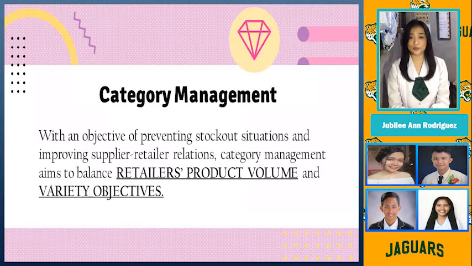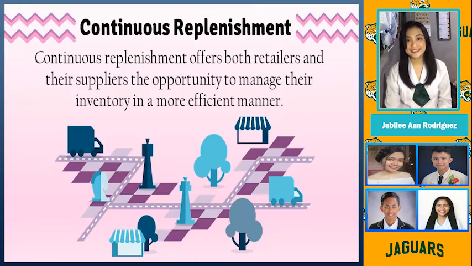With an objective of preventing stockout situations and improving supplier-retailer relations, category management aims to balance retailers' product, volume, and variety objectives. By focusing on category management and measuring promotional efficiency, ECR enables organizations to utilize their joint resources to reduce supply chain inventory levels, streamline product flows, and use cross-dock options where appropriate.